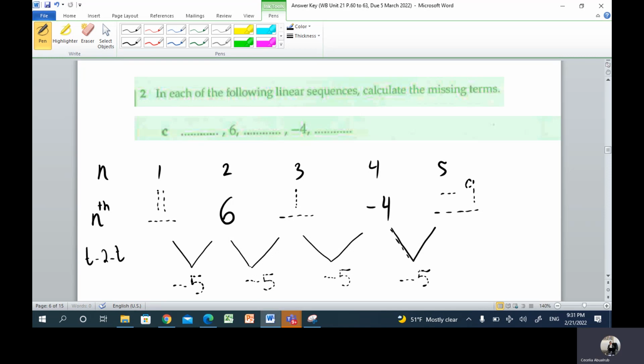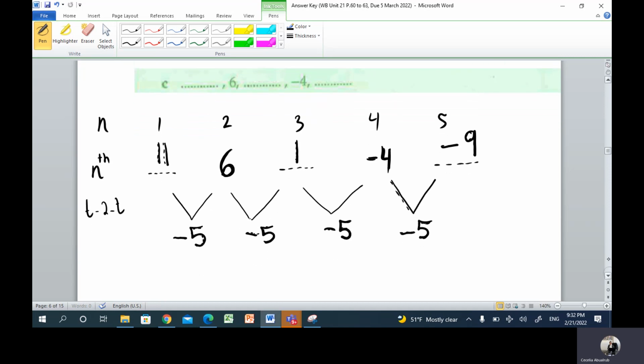We started at 11, we subtracted 5 from the 11, the answer is 6. We subtracted 5 from the 6, and the answer will be 1. 1 minus 5, the answer is -4. -4, subtract from it 5, the answer will be -9.